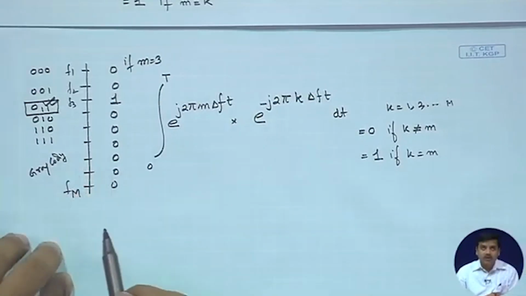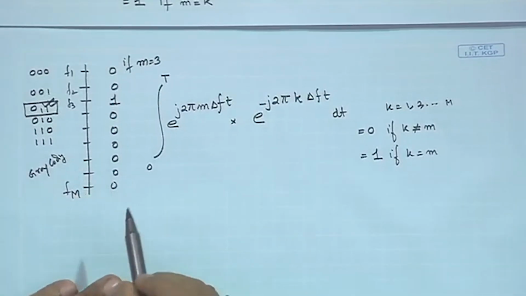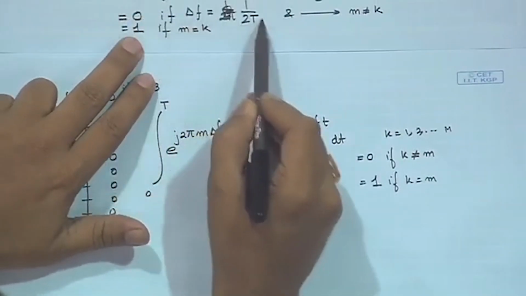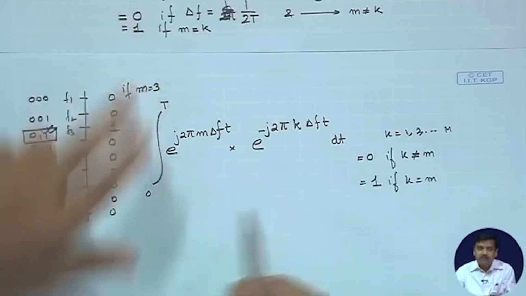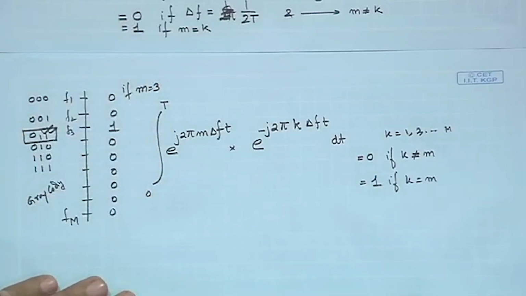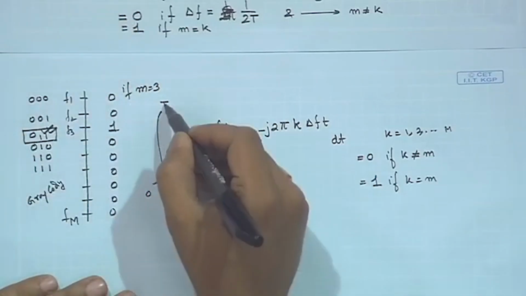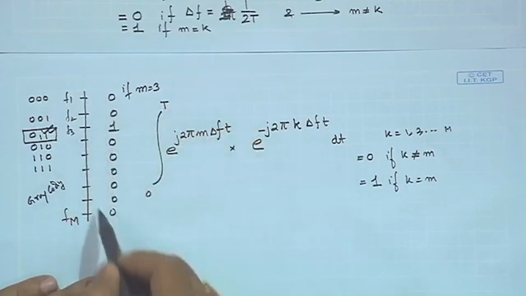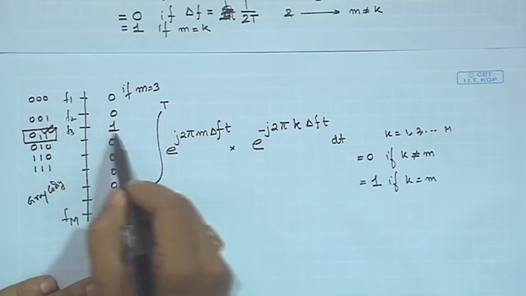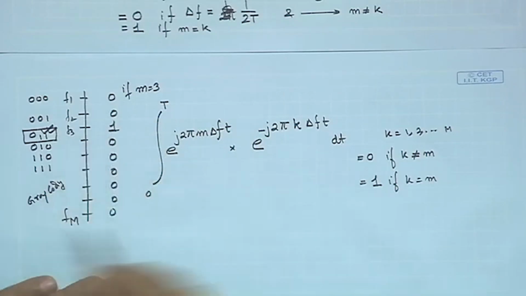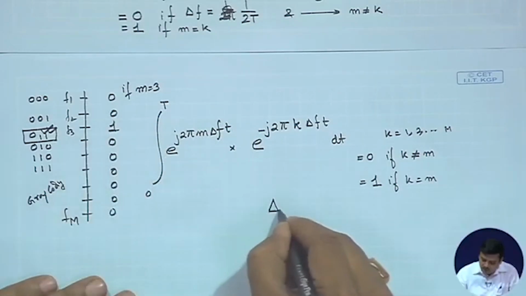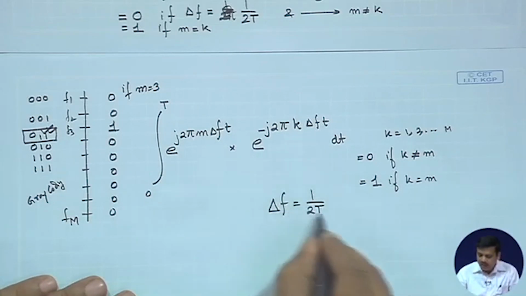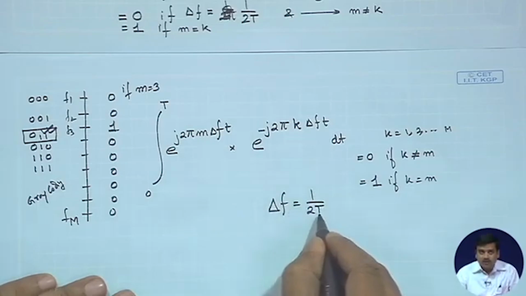So, what I am trying to tell you at this point is that as long as we maintain this criterion, that means delta f is equal to 1 upon 2T, and we integrate between 0 to T, I would be able to very definitely identify which particular signal is sent. It is also giving us a form of separation of the frequencies of choice, connecting it to the symbol duration of our interest.